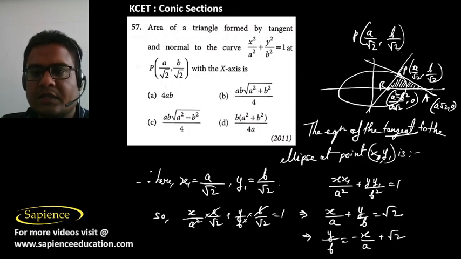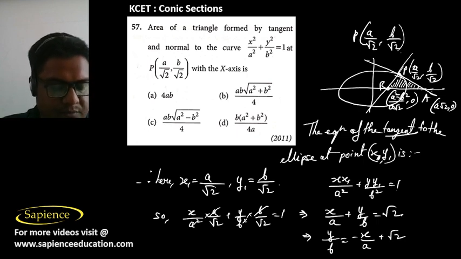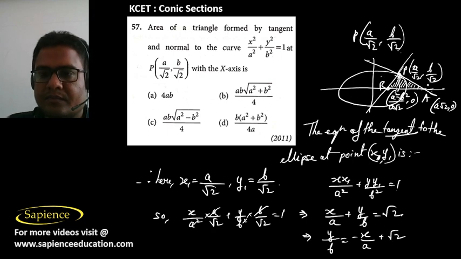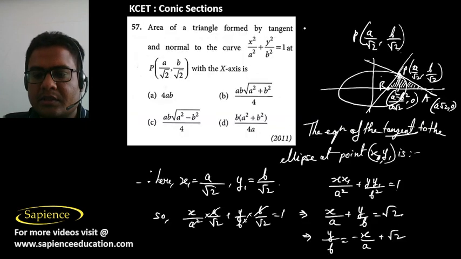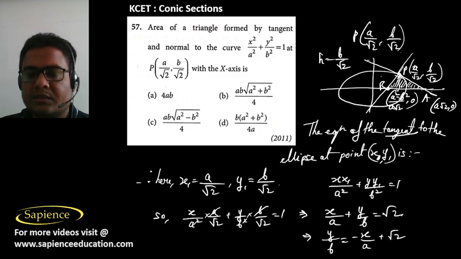So therefore we have to find the area of the triangle. Now this height is b by root 2. Therefore the area of the triangle PAB will be equal to half into base length AB into height. The height of this triangle is b by root 2, which is the y coordinate of the point.